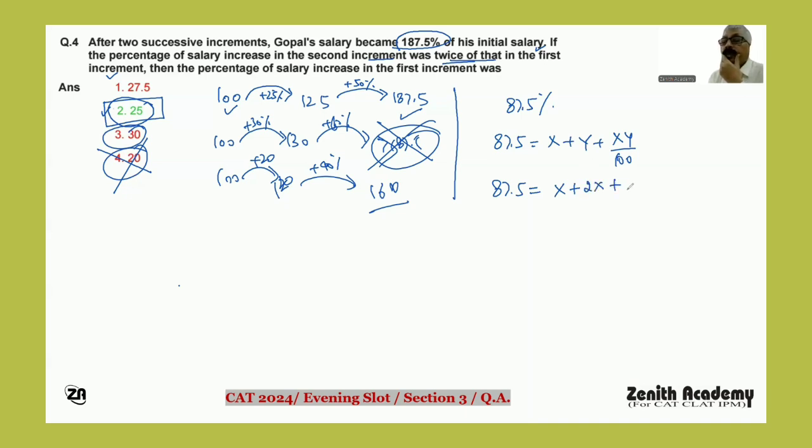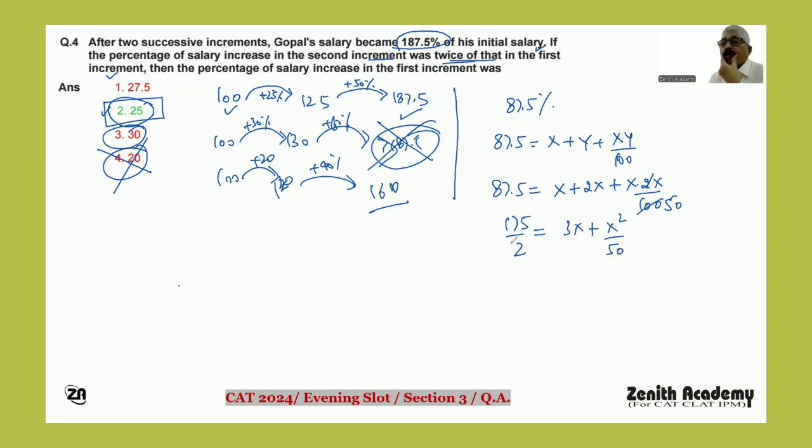And this is x into 2x by 100. So here, 87.5 you can write 175 by 2. And this is 3x. And this is x square by 50, right?